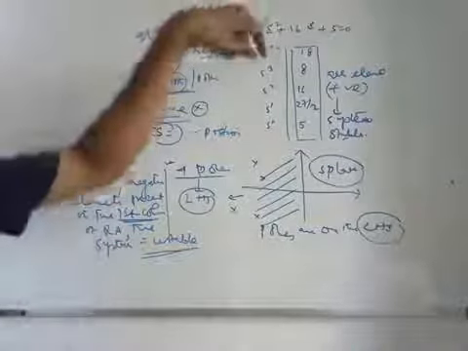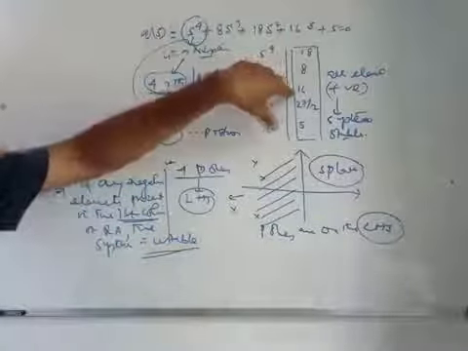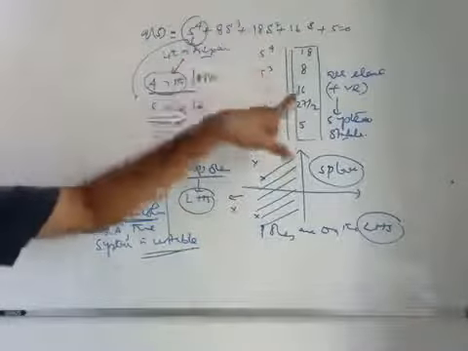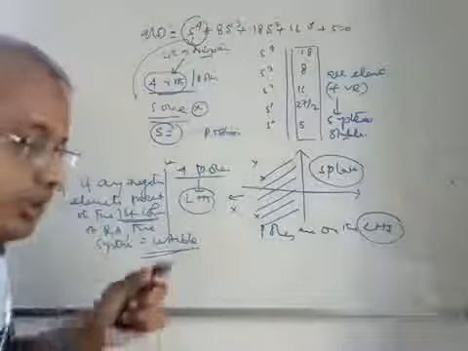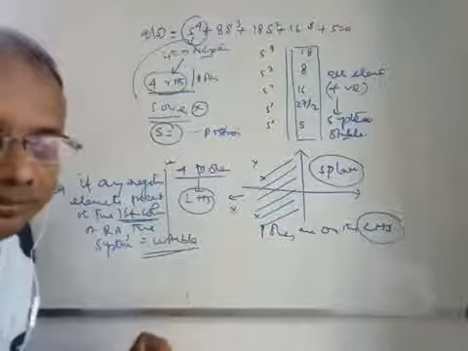That means, for example, if 18, 8 and minus 16 was the case, I will consider one example. Where you will see there may be one or more negative elements in the first column. So if at least one element is negative in the first column, the system is unstable.